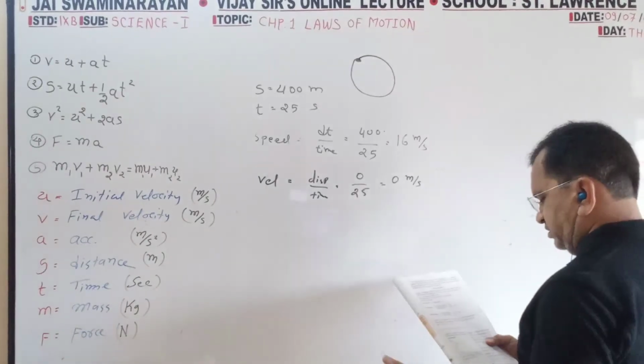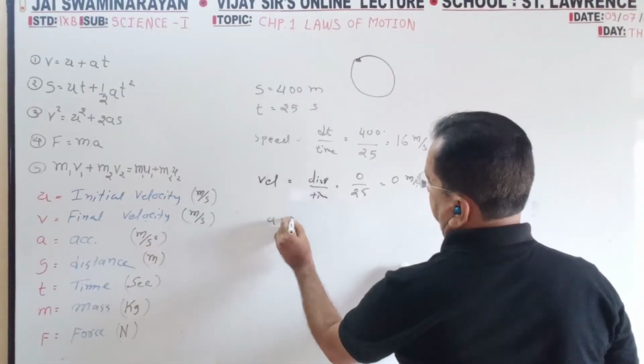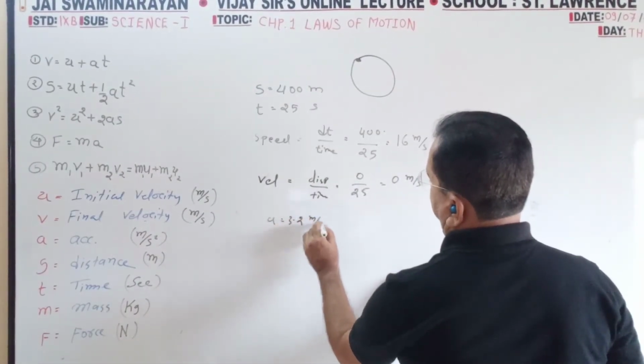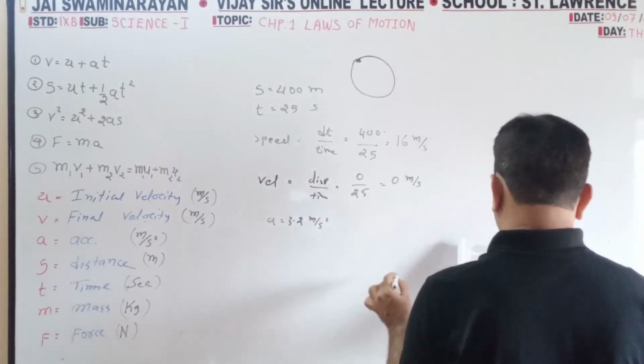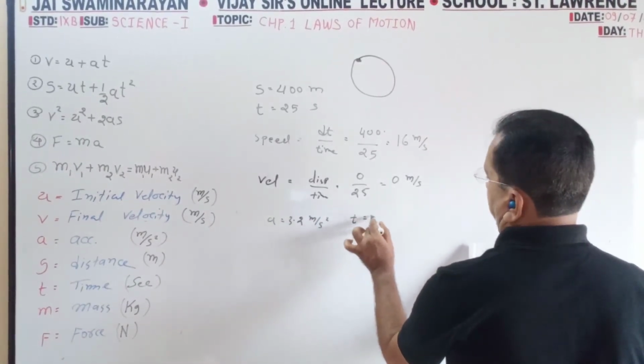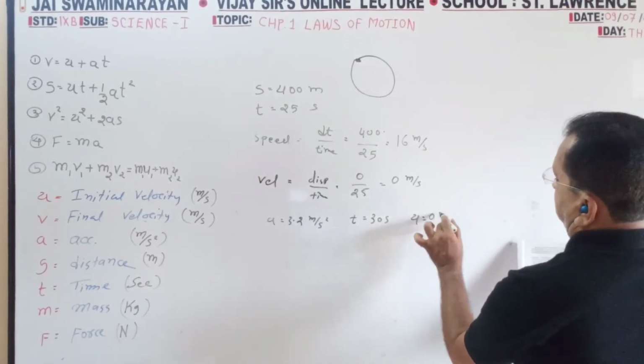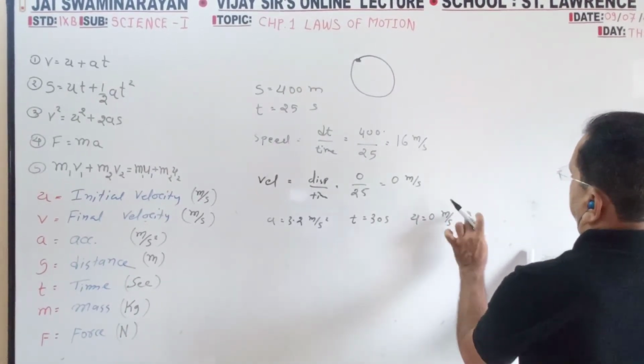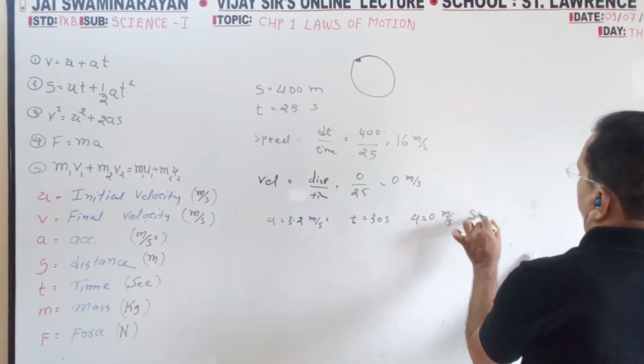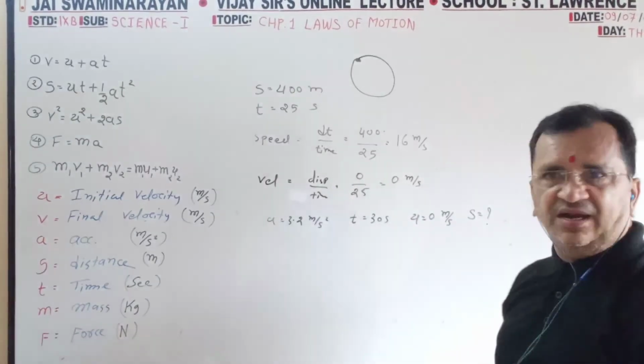Now acceleration is given 3.2 meter per second square. Time is given 30 seconds. Start with 0 meter per second. What is the question? How much distance it will travel?